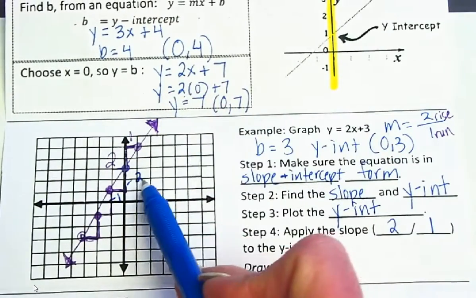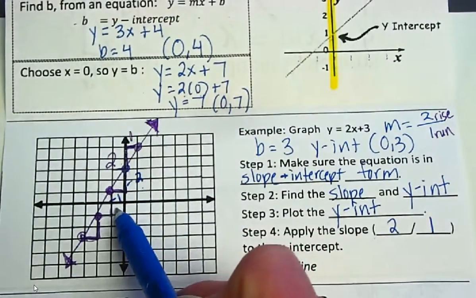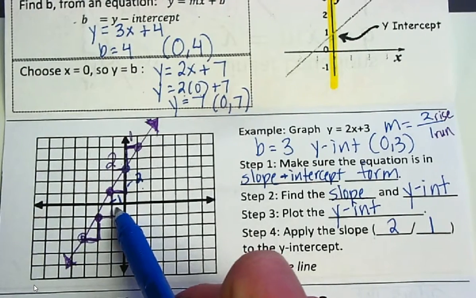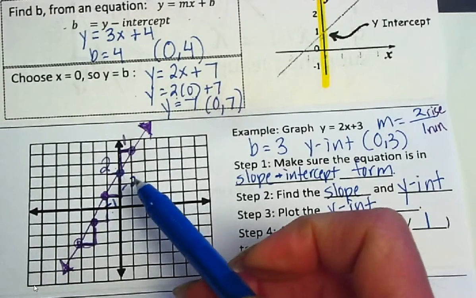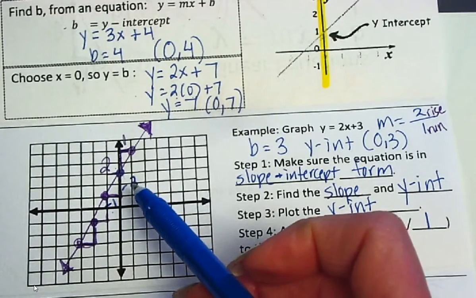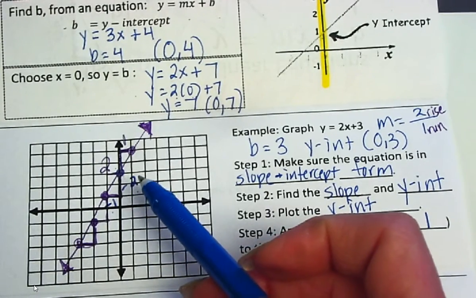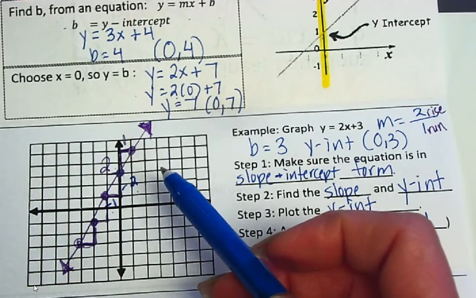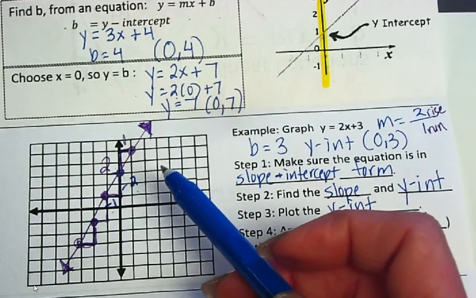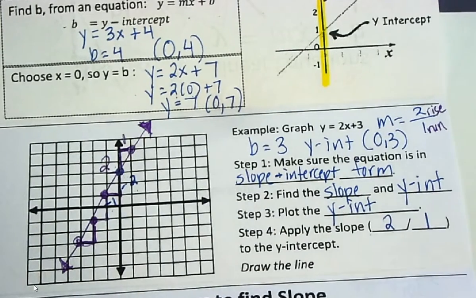That also ends up being positive because negative 2 over negative 1 is positive 2. That's still a positive slope even though you're going down, because I'm going down and then back. Down and back would actually be a positive slope. It's like when we learned about integers, when you take away negatives, it's like you're adding a positive. So a negative divided by a negative would be a positive.